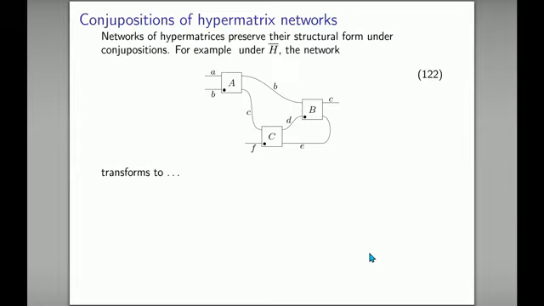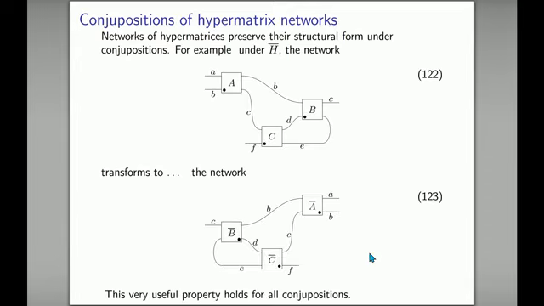Okay. So here's an important point. If you take a bunch of hypermatrices and you join them together in whatever way you want, like this, and then you perform one element of the conjugation group on the whole thing, then that can be implemented just by performing it locally in each box and rearranging the diagram.